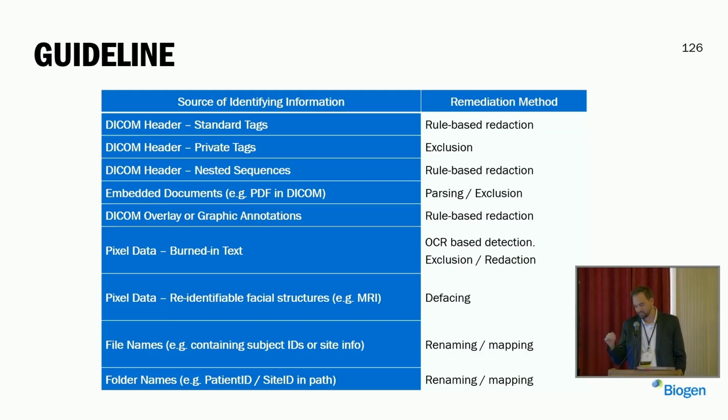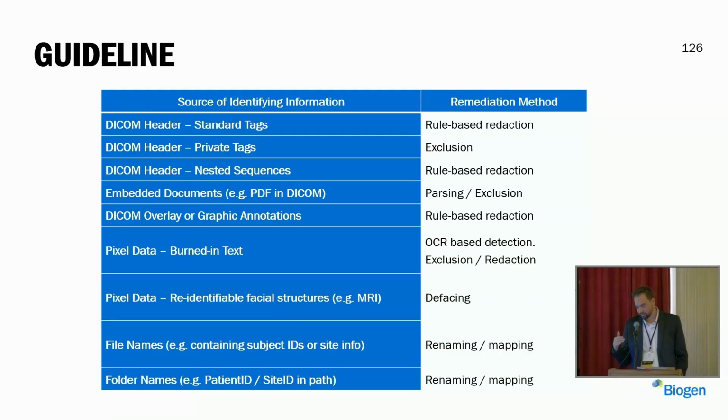So private tags, these are things that come from the machine itself. Oftentimes they have encoded values, so it might just look like gibberish, but if you decoded it, it would be patient name or something like that, really directly identifying information. So that's too much risk for us, so we just exclude those. They're not typically used in analysis.